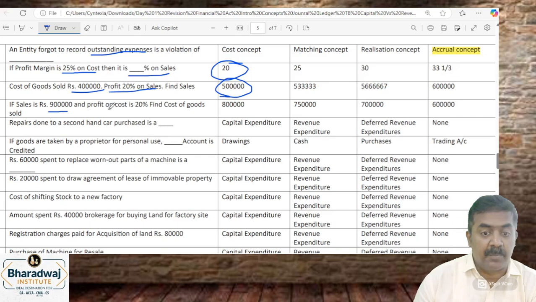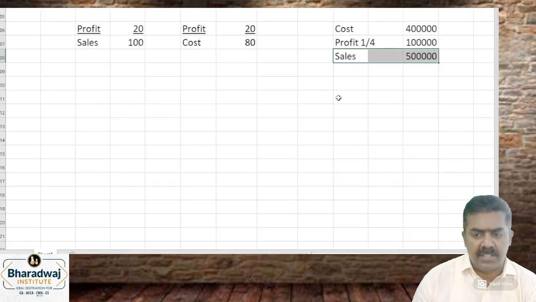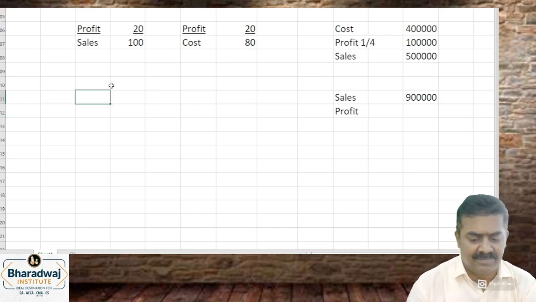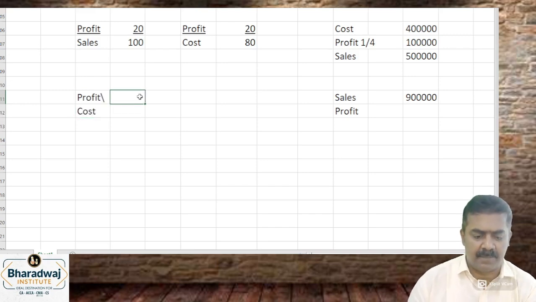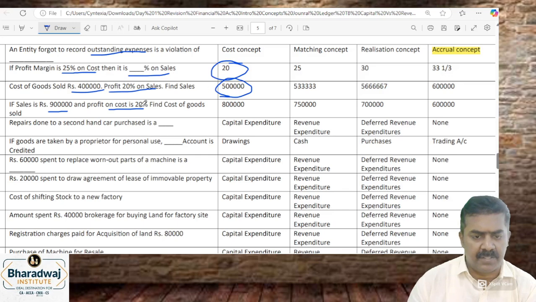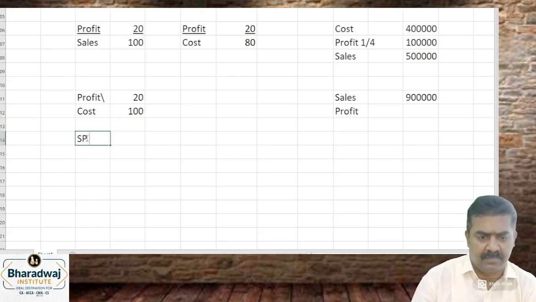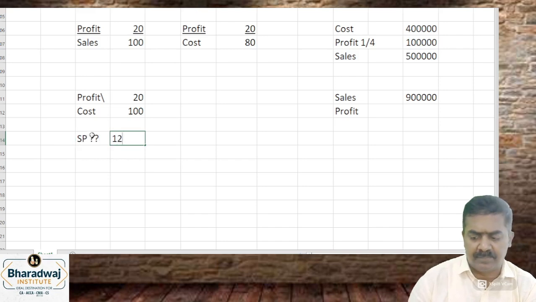Next, what have we been given? Sales 9 lakhs, but profit is given on cost. Sales is given, 9 lakhs. Profit is given on cost. What percentage? 20%, right? If profit is 20, then cost is 100. Then what is the selling price? 120, right?